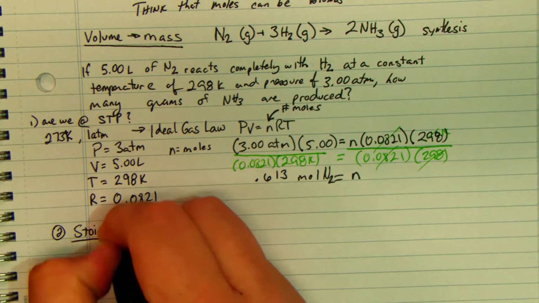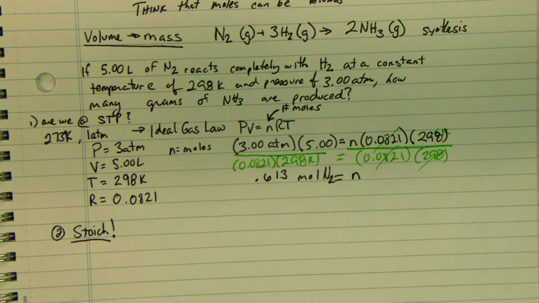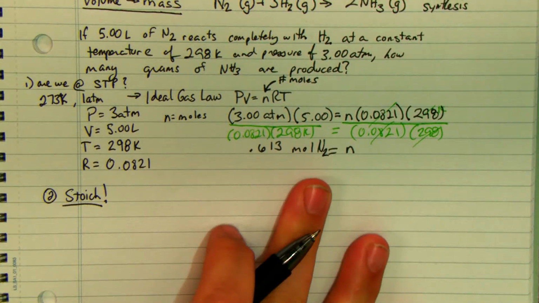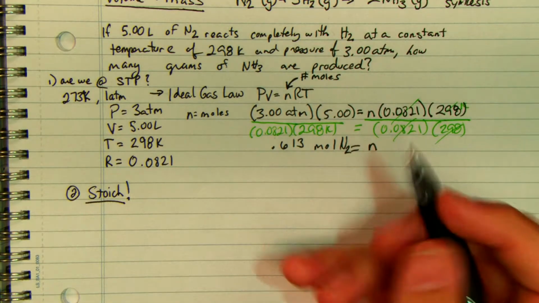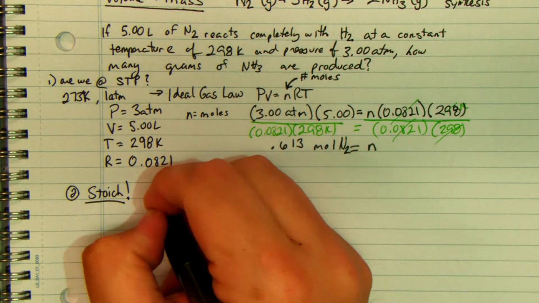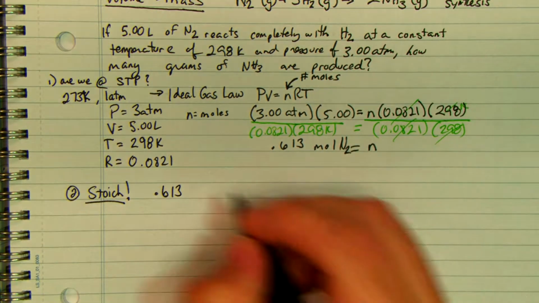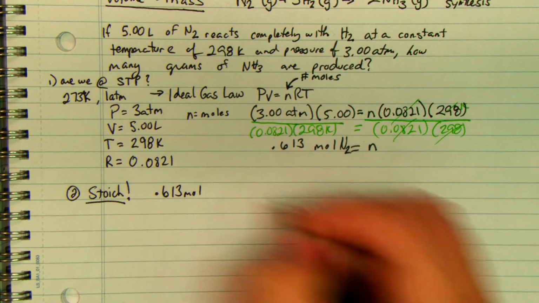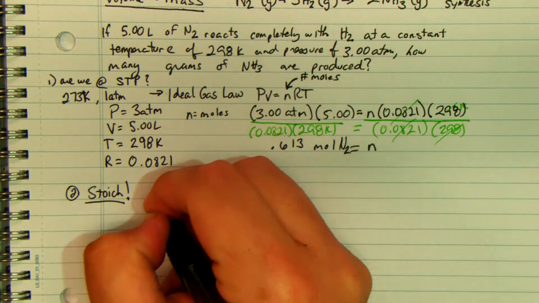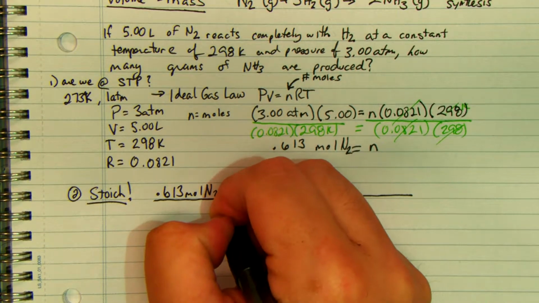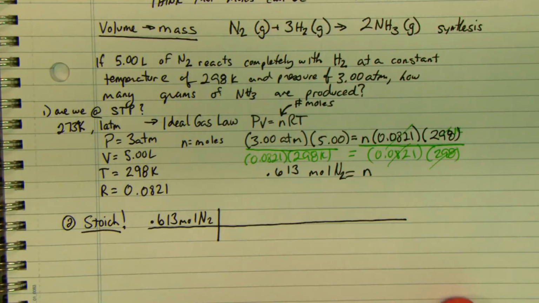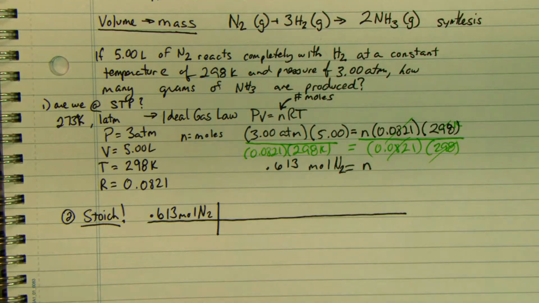All right, so now to stoichiometry. We're going to have to refer back to the equation in a second here. I know I have 0.613 moles of N2. So now, I need the mole ratio.